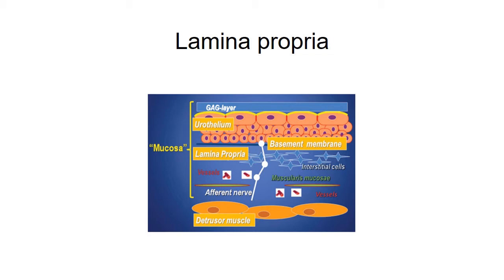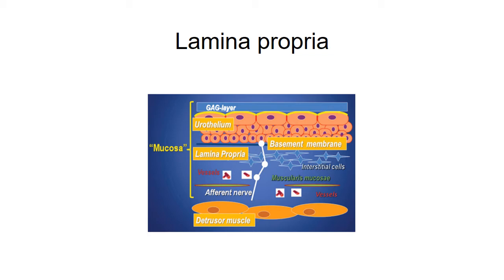Now, looking at the diagram which shows the lamina propria with blood vessels. The lamina propria is recently considered the functional center for the localized control of the bladder, which coordinates the activities of the urothelium and detrusor muscles. The lamina propria or the submucosal layer lies under the basement membrane of the urothelium.